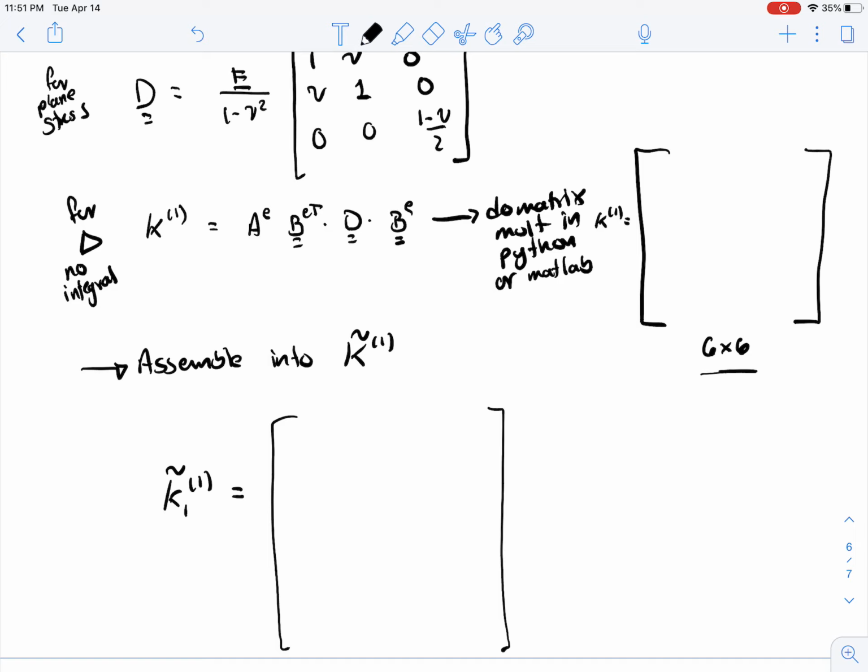Well, in this case, and this is the critical part, this one you can see is 6 by 6, and that is because even though the triangle has 3 nodes, every node has 2 degrees of freedom, so that's why you get the 6 by 6 matrix.